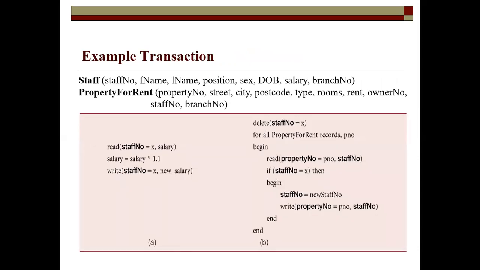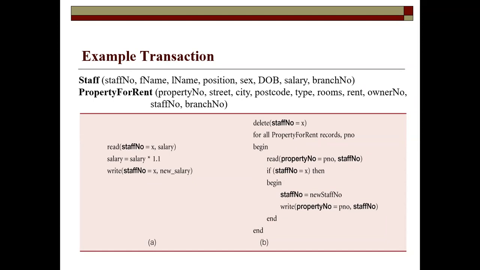So when we look at this example, we have 2 tables that we are putting into consideration, the staff table, as well as the property for rent table, on which we want to do the following transactions. So we have transaction A and transaction B. The goal of A is to be able to increase a staff member's salary.